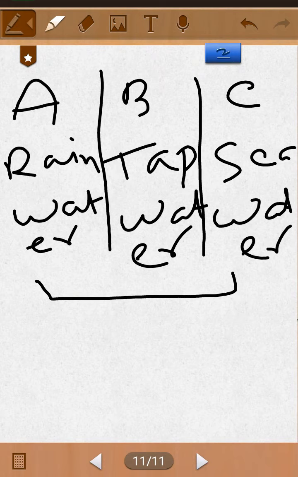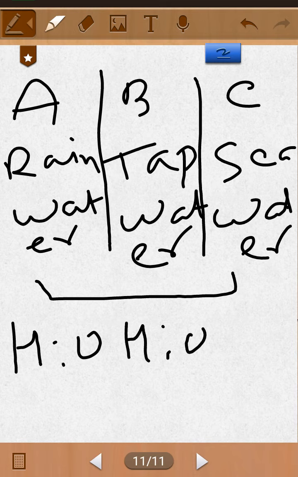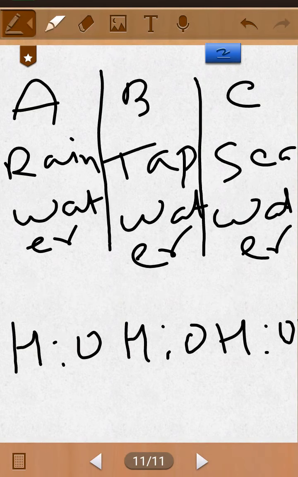We ask: in person A's water, what is the ratio of hydrogen to oxygen? In person B's water, what is the ratio of hydrogen to oxygen? Similarly, in person C's water, what is the ratio of hydrogen to oxygen? All of them are the same water.